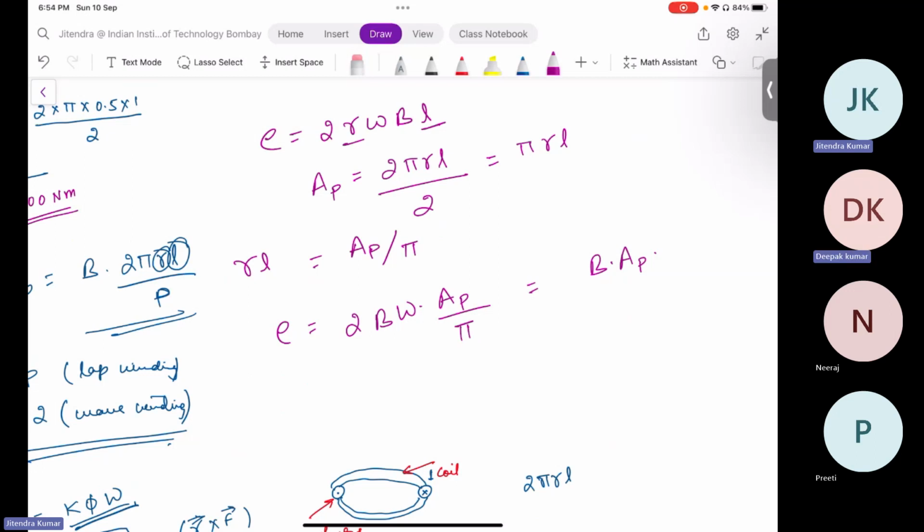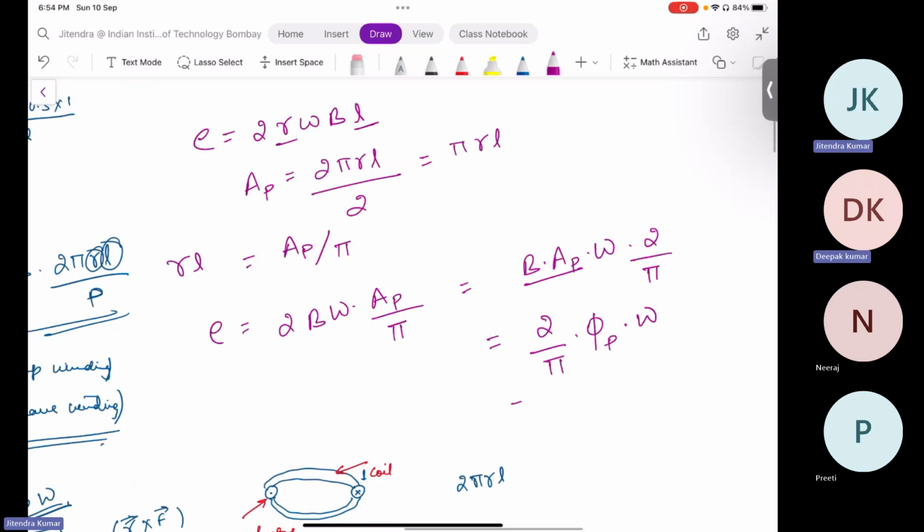So B into AP into omega into 2 by pi. It's going to be equal to 2 by pi into BAP, which will be flux per pole, into omega. So K is equal to 2 by pi.